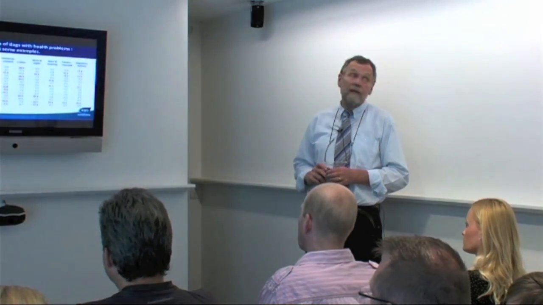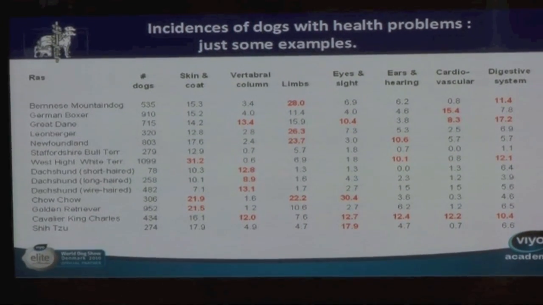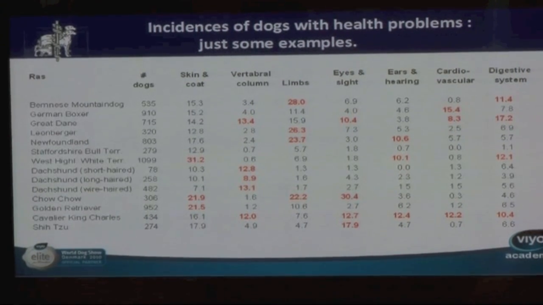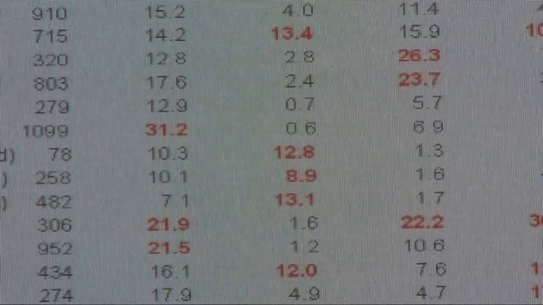Looking at incidences of genetic defects in populations, we did a number of studies. By now we did it for about 40 breeds, but I took some examples. If you look at the percentages in this table, the percentages of animals with a genetically determined defect, look for instance at a West Highland White Terrier with more than 30% problems in skin and coat.